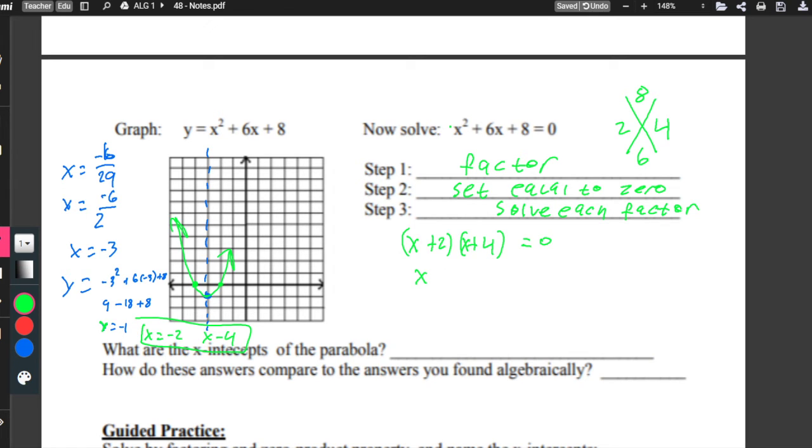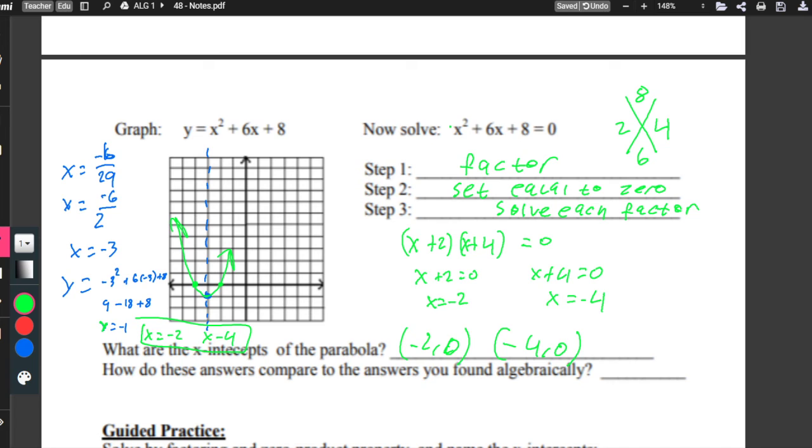So we did that just like how we did above, so it would be x plus 2 equals 0, x plus 4 equals 0. So that means x is negative 2, and x is negative 4. As we already found by graphing, our x-intercepts, so our zeros, are at negative 2, 0, and negative 4, 0.